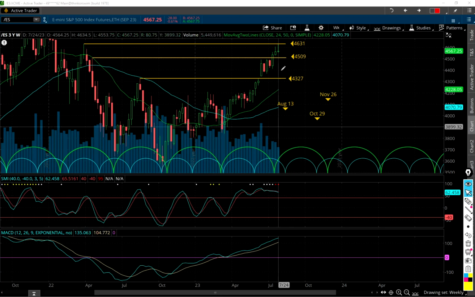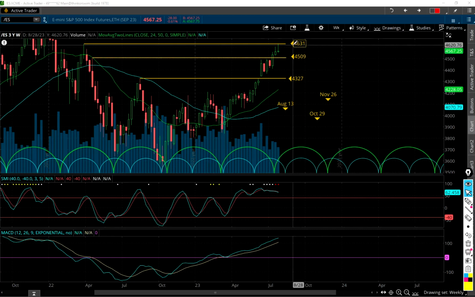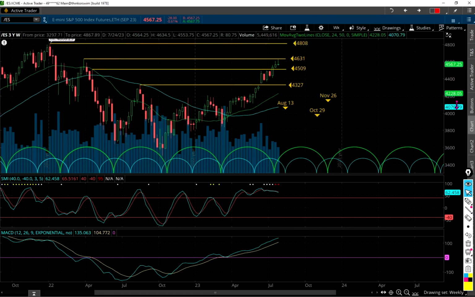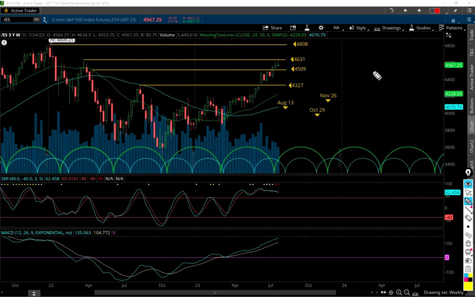All right, so let's look at the daily chart. Oh, one more thing I want to talk about on the weekly chart. I sent out an email to my members last night, and I said if the market gets substantially above 46.31, not just a little bit above it, then all-time highs, which is this 48.08 line up here.